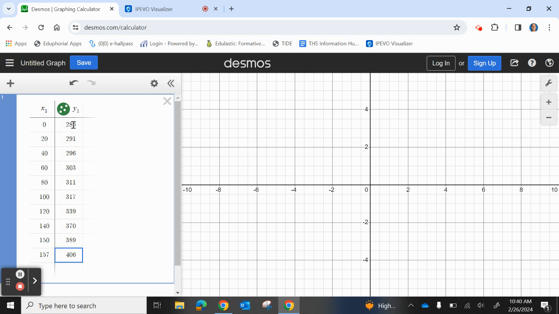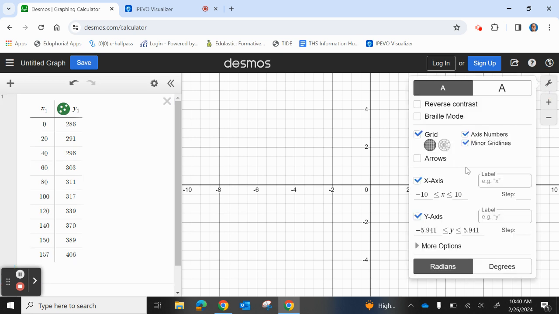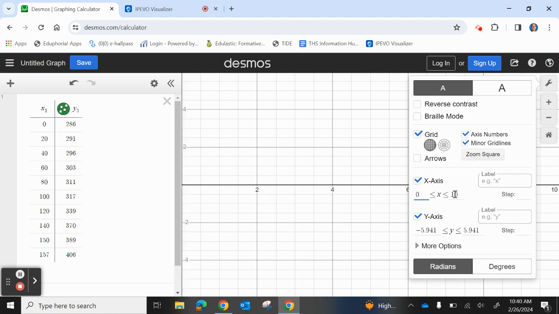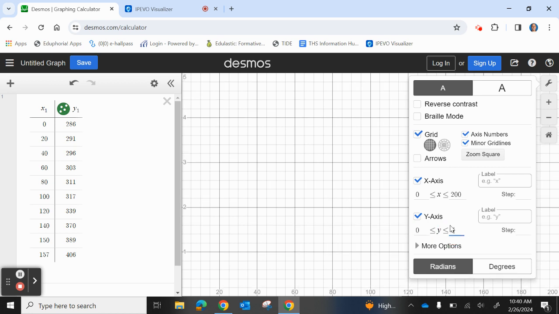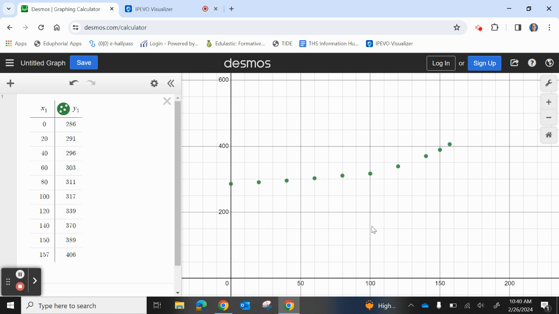All right, now again, you don't see the points. We need to adjust our window. Let's go from 0 to 200 is probably good. And 0 to looks like 500. All right, we're going to zoom out so we see the points better.